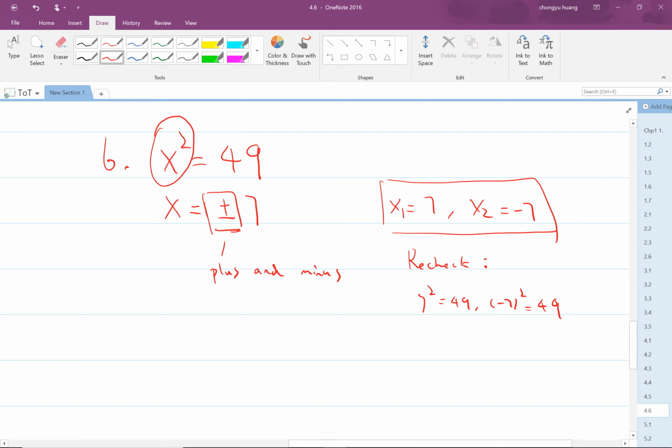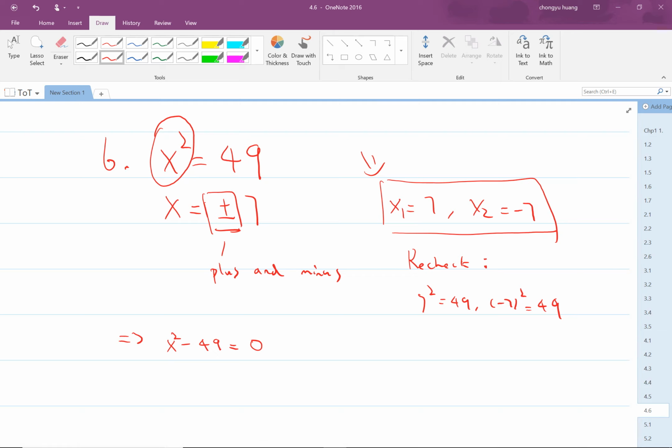The way over here is a little bit lacking in detail, so let me show you a little more detail about this question. The answer for this one is x equal to plus and minus 7, but if you still cannot see it, I'll show you how you know it's this answer.